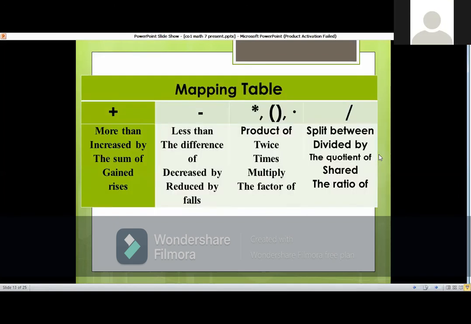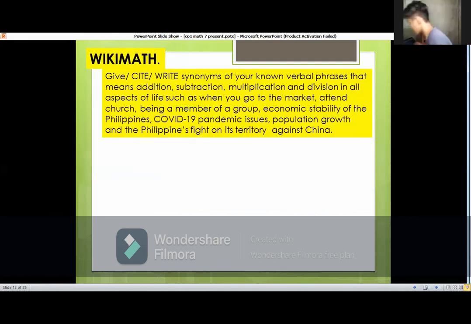Going back to our mapping table, so let us be more familiar with the verbal phrases that correspond to its mathematical symbols. So can you give me as many words as you can? You write on a piece of paper as many words as you can that correspond to addition, subtraction, multiplication, and division.